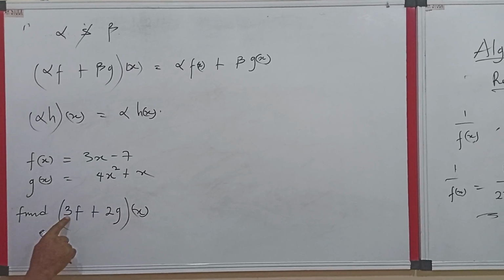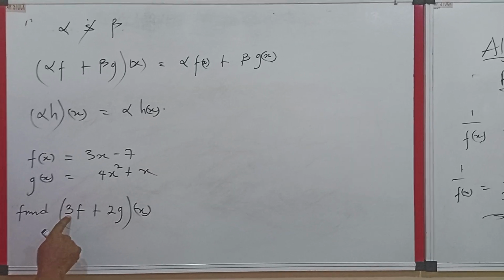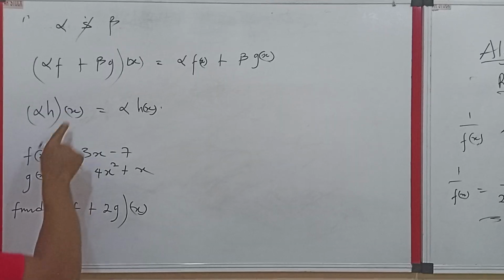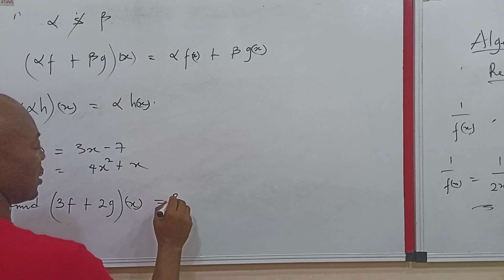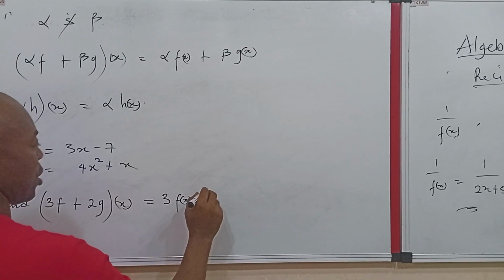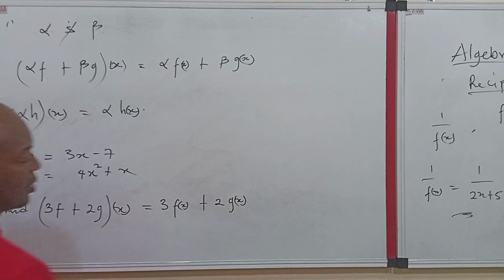You can see that in this case we have scalars at the front. Here we have 3, here we have 2. Based on the definition, this is the same thing as 3f of x plus 2g of x.